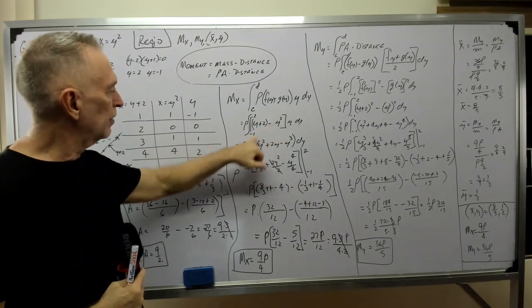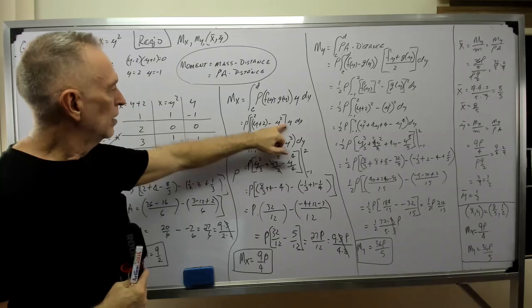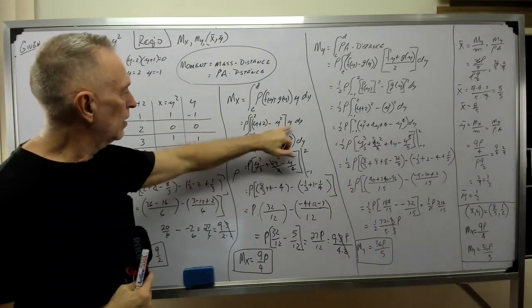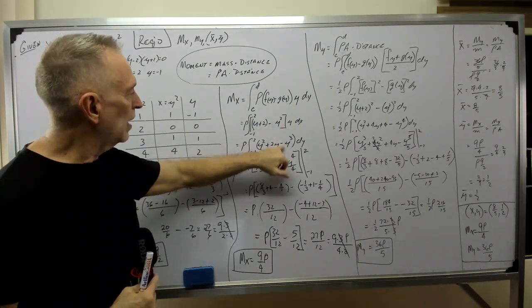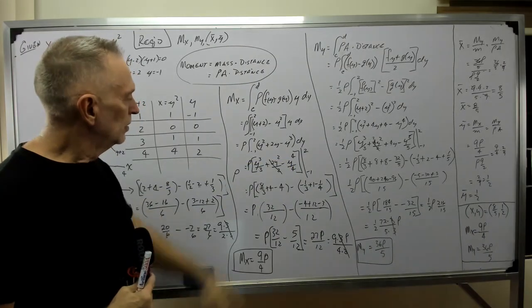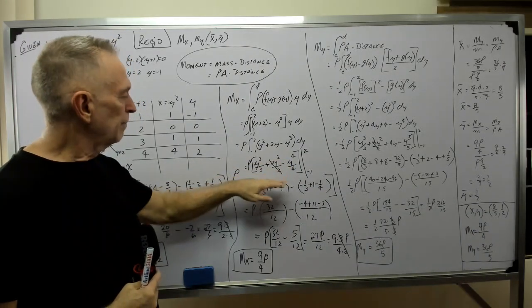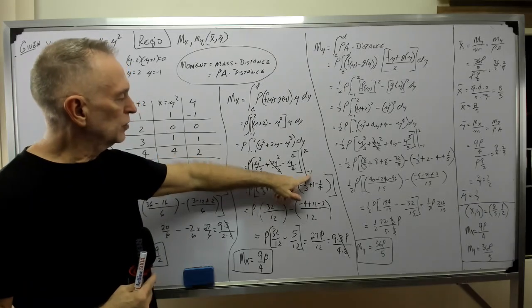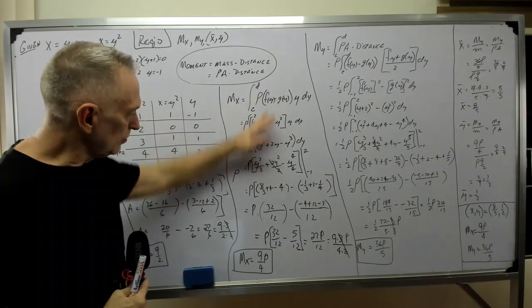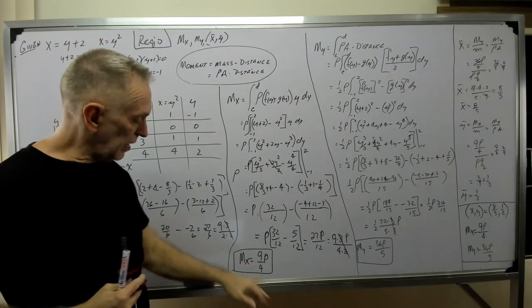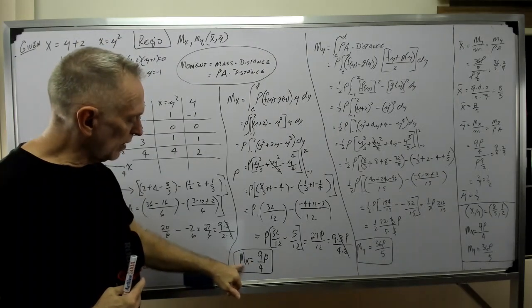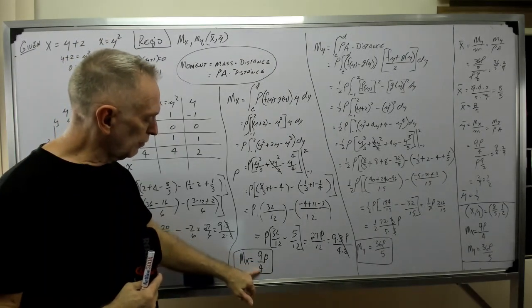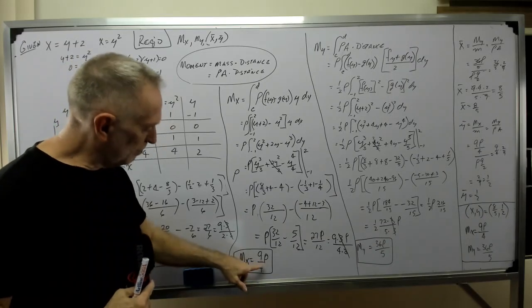So if I multiply through, I have y squared plus 2y minus y cubed. So now I integrate that, rho times that integral, and my limits were -1 to 2. So if I walk through all of that, I end up with my moment about x is 9 rho over 4. Don't laugh at my rho symbol.